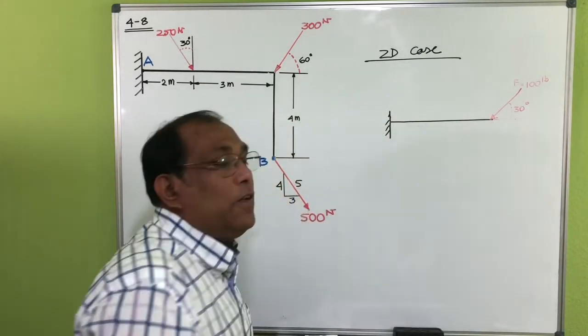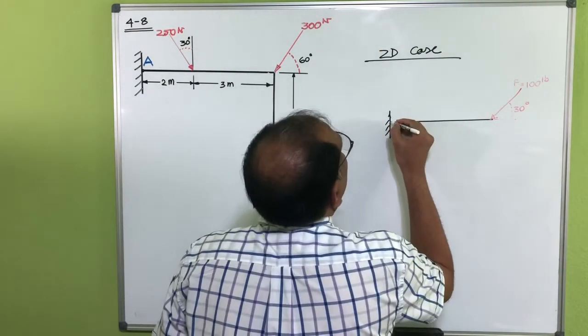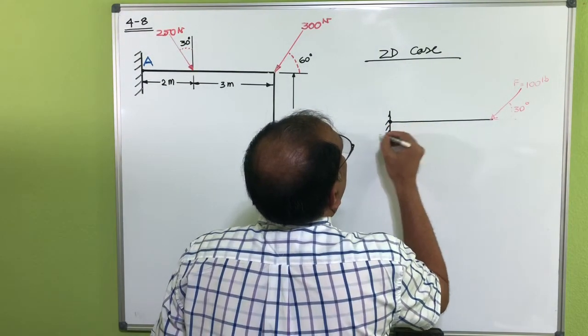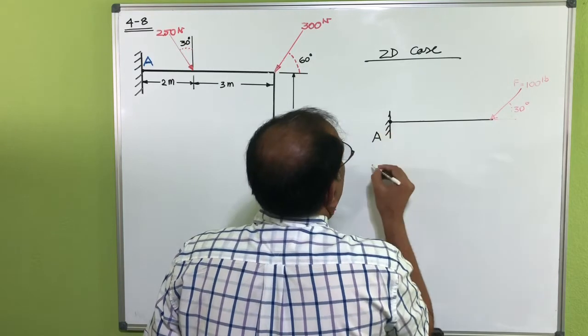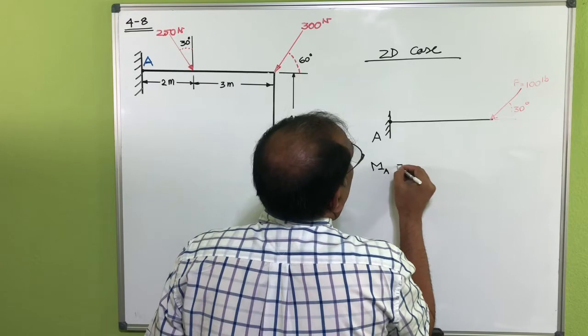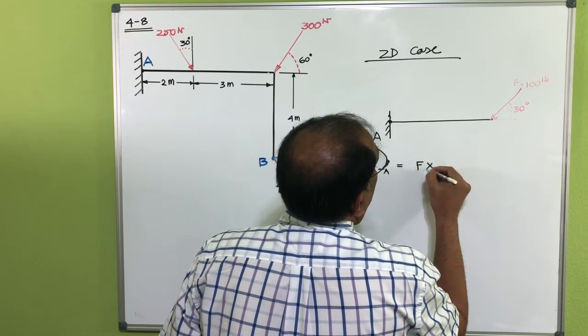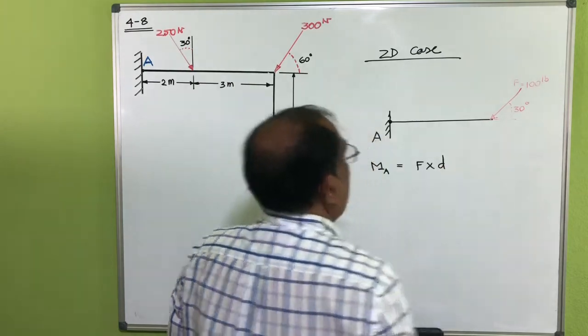So if I want to find out the moment at any point, like here at A, then the moment at A would be equal to force multiplied by the distance.